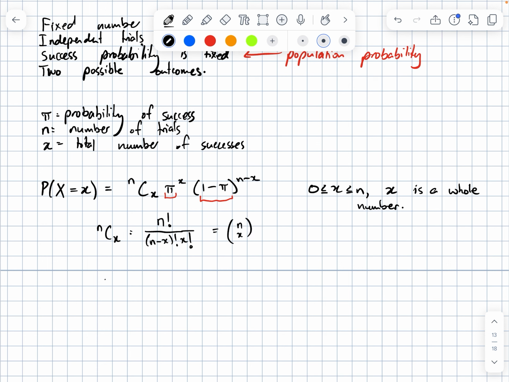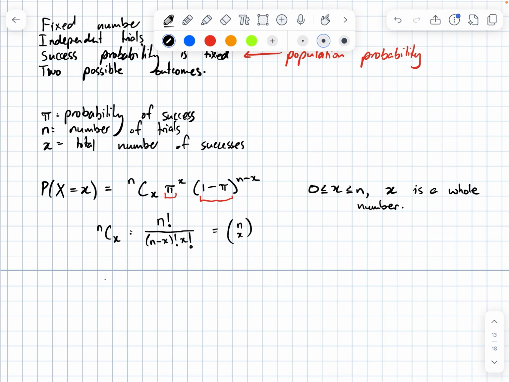Now for this formula, you can either use this n choose x or n combination with x formula, or in your Casio graphics calculator there is an option.